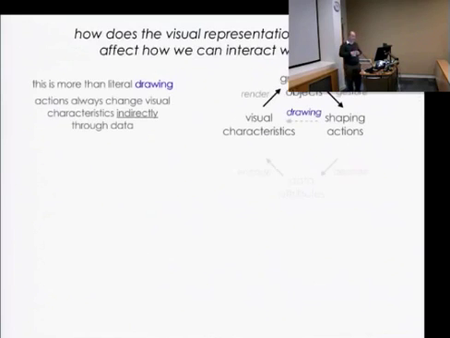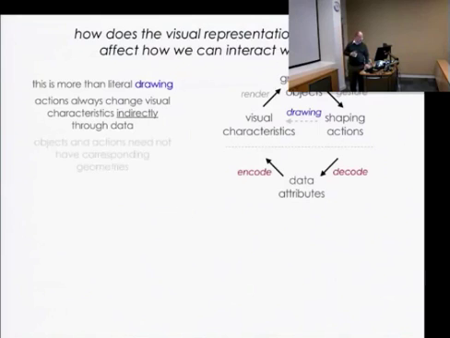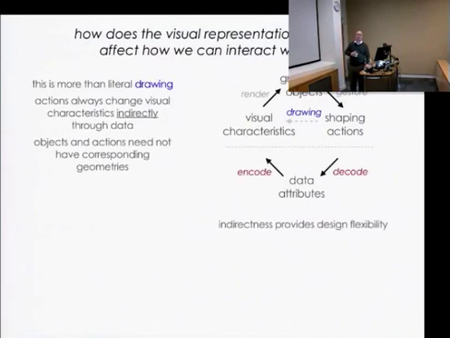This is all more than just literally drawing. Literal drawing is performing shaping actions to directly change the visual characteristics. But we're not doing that. We're going through the data attributes indirectly. But they don't need to have corresponding geometries. Right? With drawing, you're kind of literally changing the physical shape of something. With the scroll wheel, for instance, the geometry of the scroll is just being associated with the size of the circle. Right?